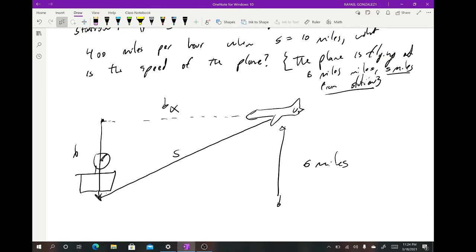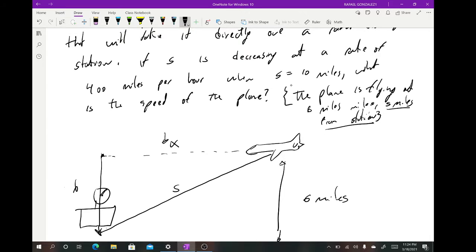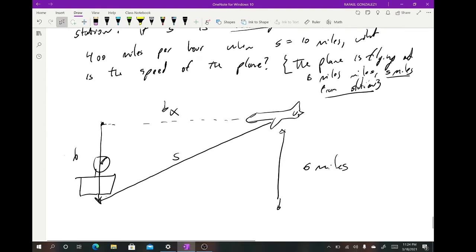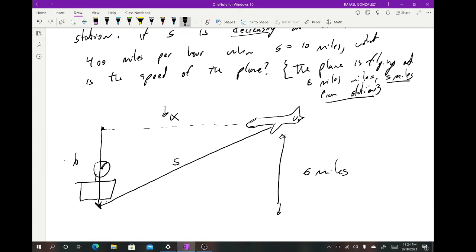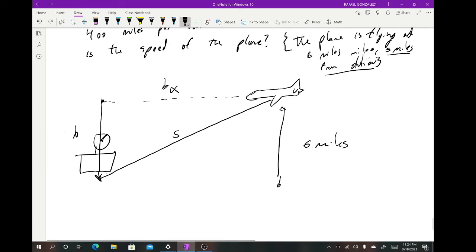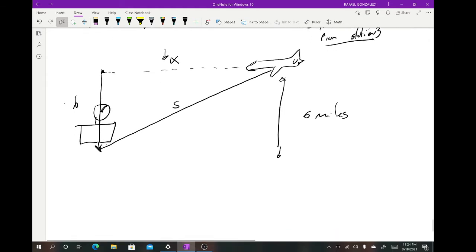All we know is that the altitude is 6 miles, and we know that S is decreasing at a rate of 400 miles per hour. And we're told that when S is 10 miles, what is the speed of the plane? So we're looking for the speed of the plane when S is 10 miles.